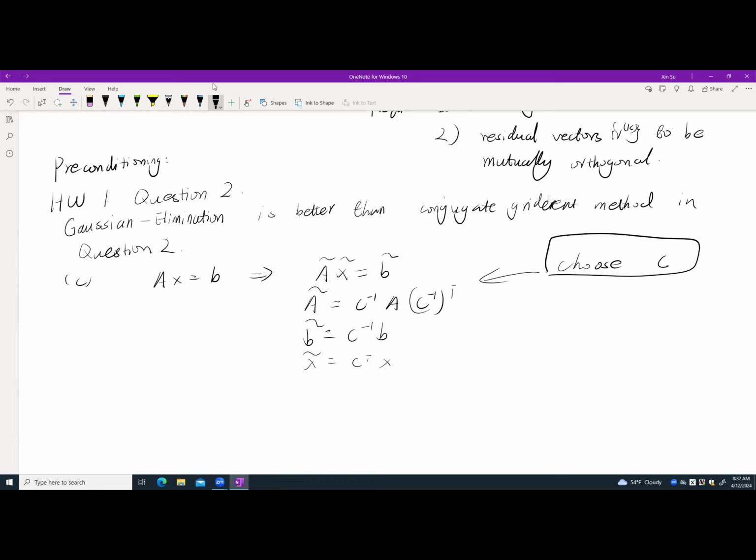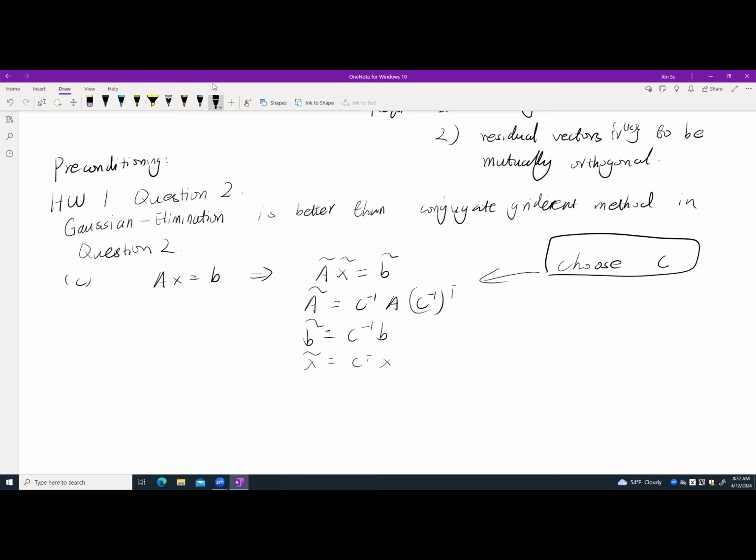So if you are doing some rounding off there, it would give you errors when you are doing the conjugate gradient method. And so the error could be propagated when you are doing the iteration in the conjugate gradient method. That's why we have worse results than Gaussian elimination.